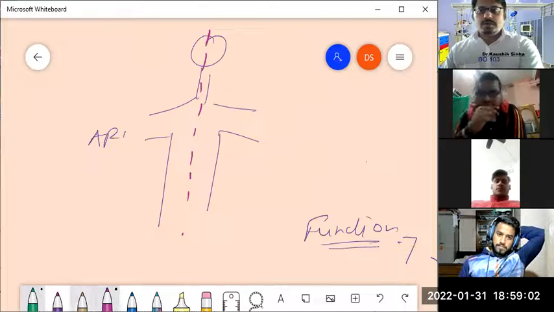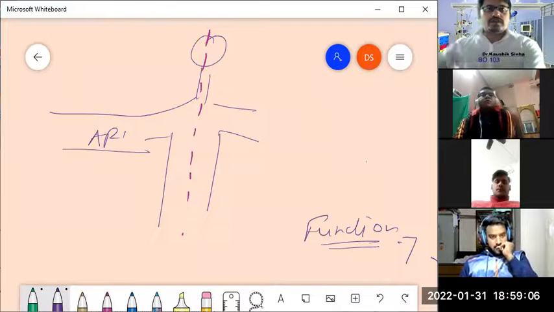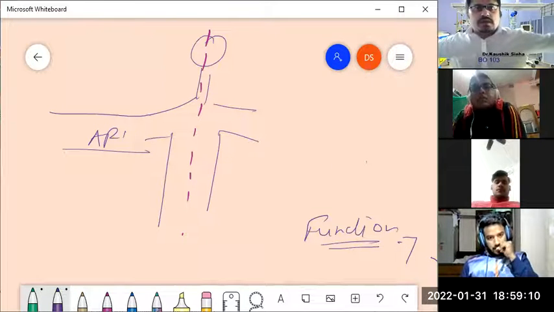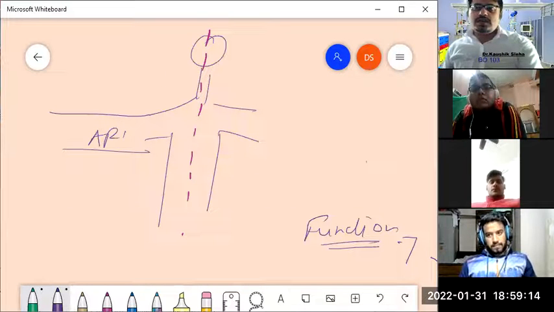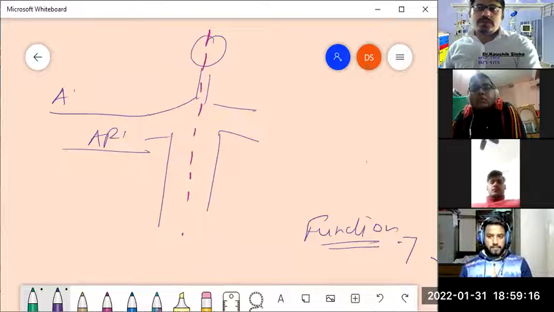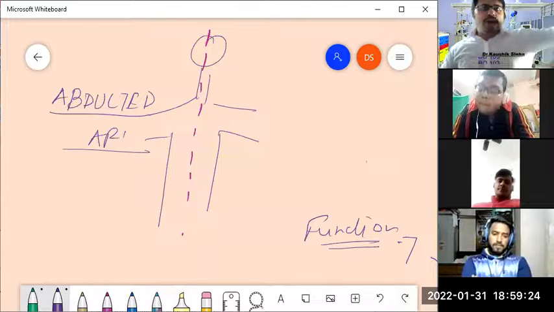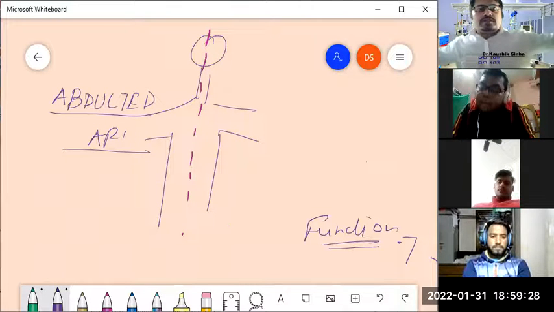So the arm position can either be something, say, outstretched. So this is an outstretched arm position. I have stretched my arm both ways. So this position is termed as an abducted position. What is it known as? Abducted, B-U-C-T-E-D. The movement which caused the arm to move outside is known as the abduction.